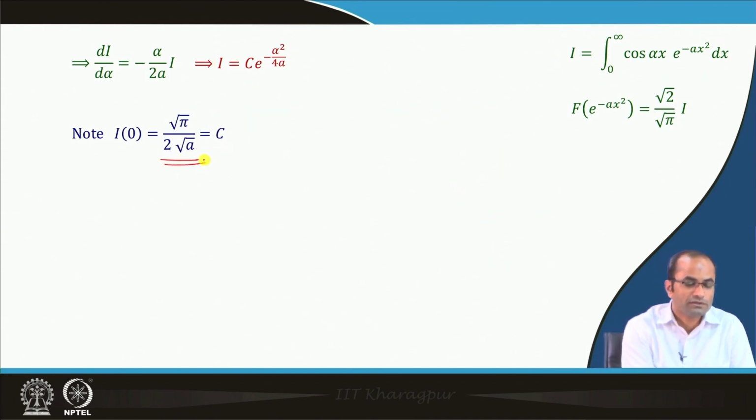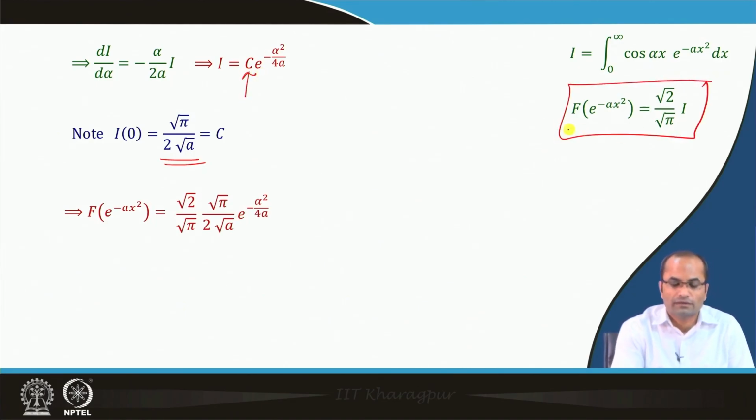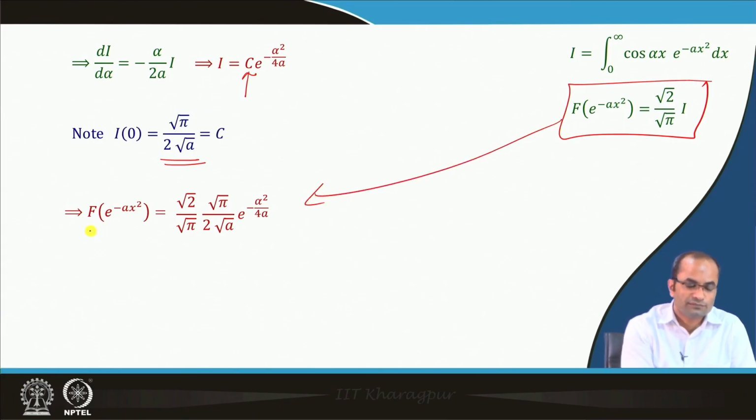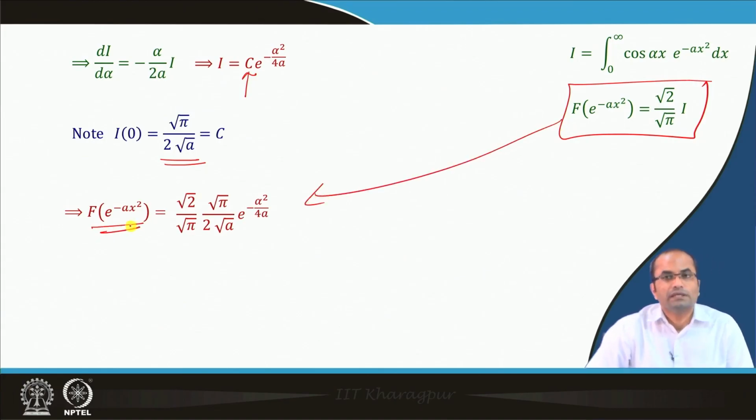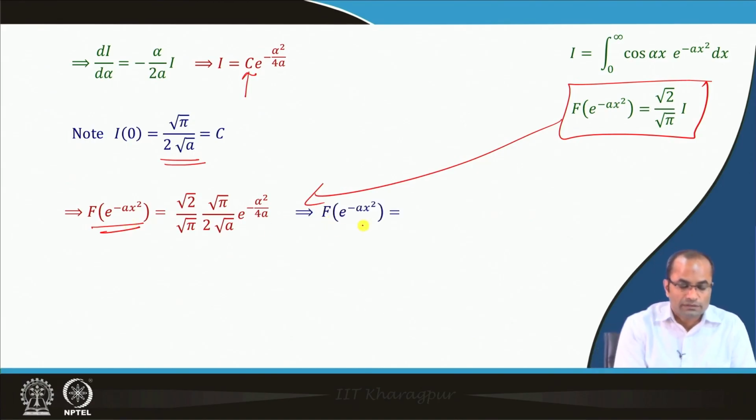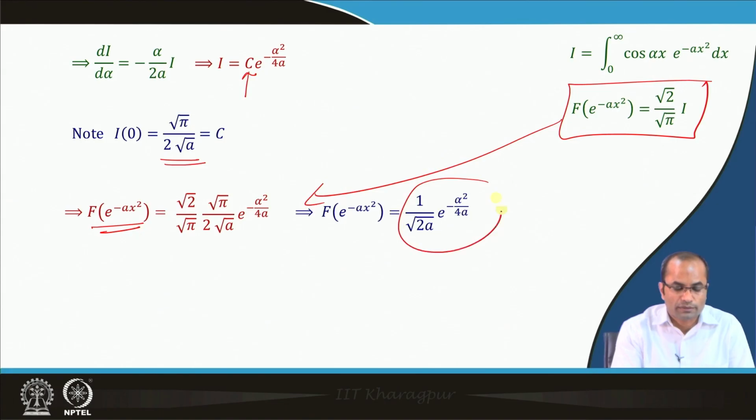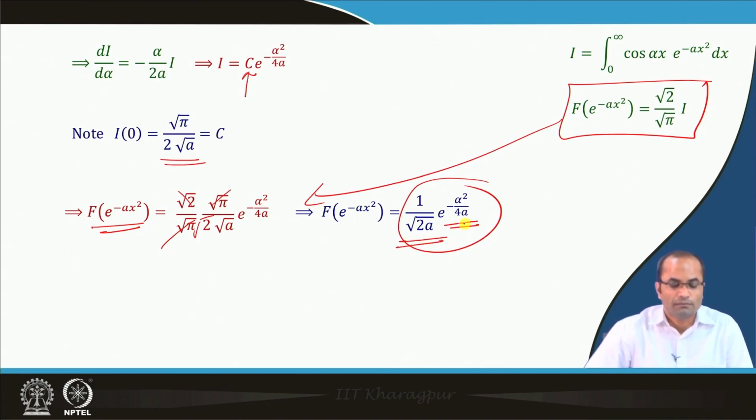Once we have this integral I, we can use it to get the Fourier transform of e power minus a x square, which is 1 over square root 2a, because this will cancel out with the square root 2, and then exponential minus alpha square over 4a.